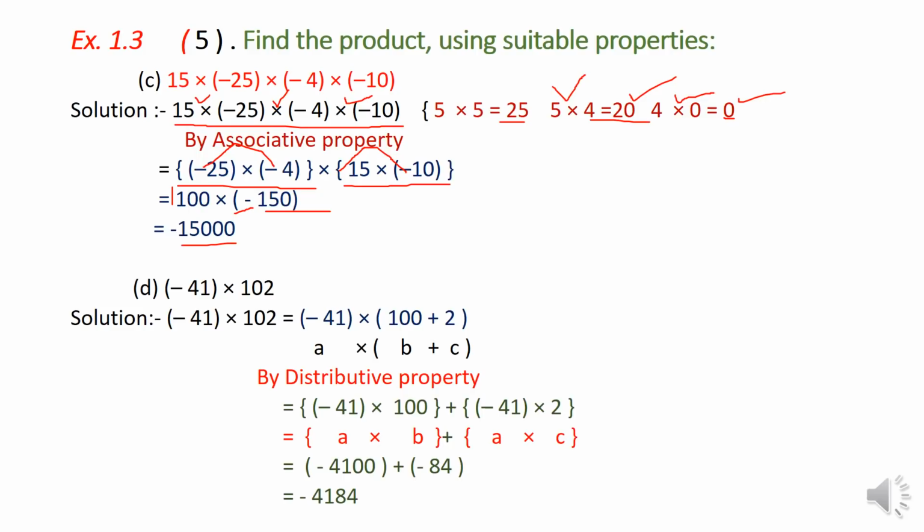Now, let us consider the next problem, that is D, minus 41 multiplied by 102. Here, this 102 is nearer to 100, so we will distribute it in the form of 100 plus 2. This is again the distributive property, A multiplied by, so 100 will become B and 2 will become C. What is the distributive property?